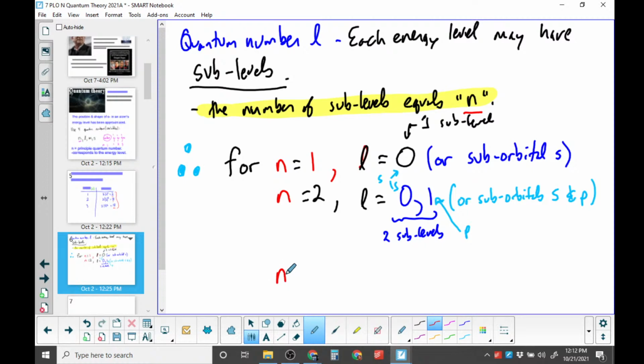So for N is equal to 3, how many sublevels do we have, Francois? We have 3 sublevels. 0, 1, and 2.